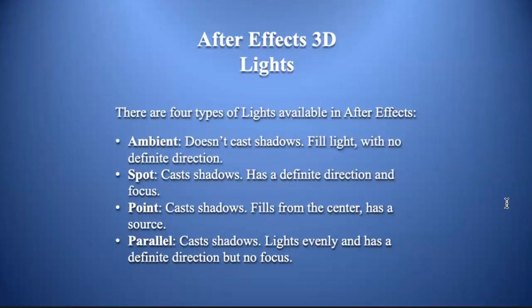Then a parallel light casts shadows, lights evenly, and has a definite direction, but no focus. So it's sort of like a spotlight that's been crossed with a point light. It has a direction, but it has no focus. So it's going only forward.